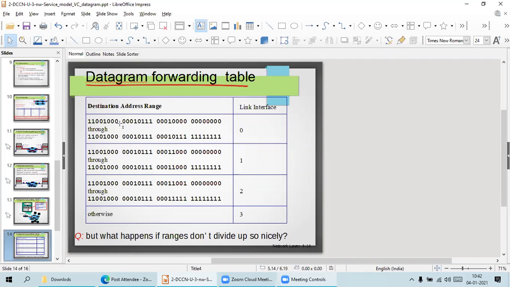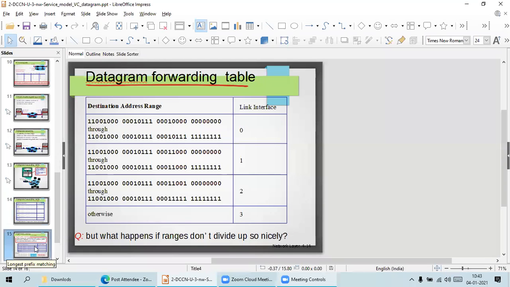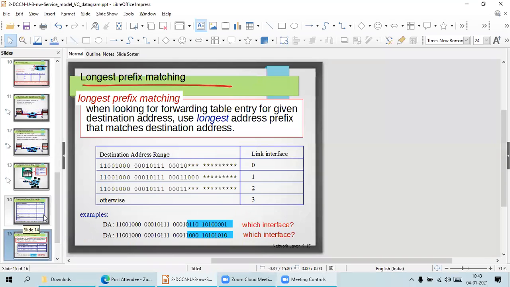Your IP addresses will look like 10.11.56.35 or 10.11.36.55. If it comes under this range, your forwarding link is 0. If it is not maintained properly, you will have lots of problems. That's the reason we consider the longest prefix match.